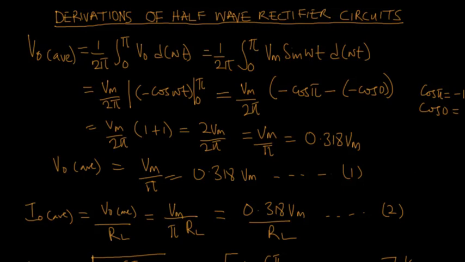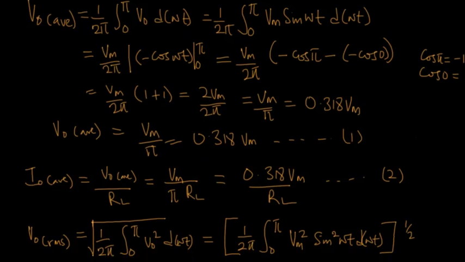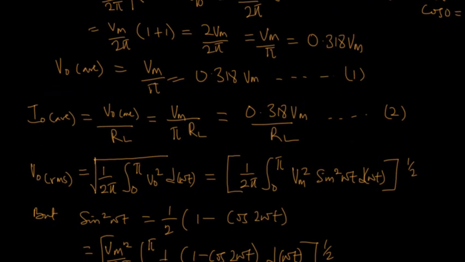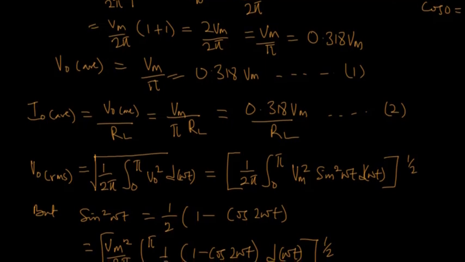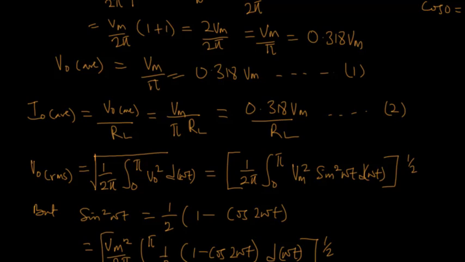So what have we learned in today's class? In this class, we have derived 13 expressions or equations that can be used to analyze or solve problems in half-wave rectifiers. We have seen the output average voltage given as equation 1, the output average current given as equation 2, where I out average is equal to 0.318 Vm over RL.